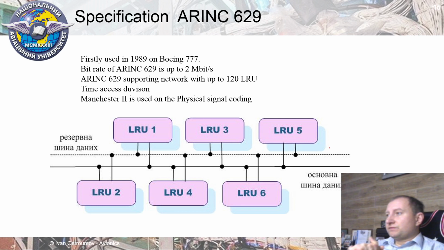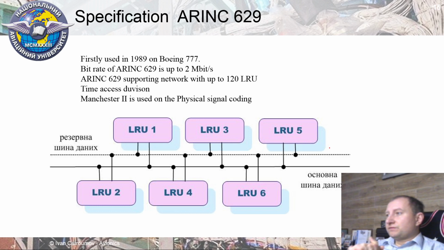And actually, for this standard, it does not matter which sort of data we transfer. At the physical level, we do not have any specified fields for different types of data. Thus, it is important for network technology development on board of airplane.